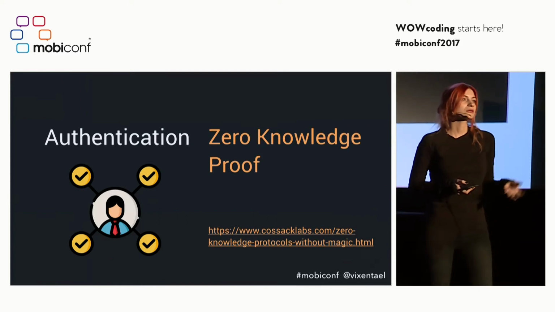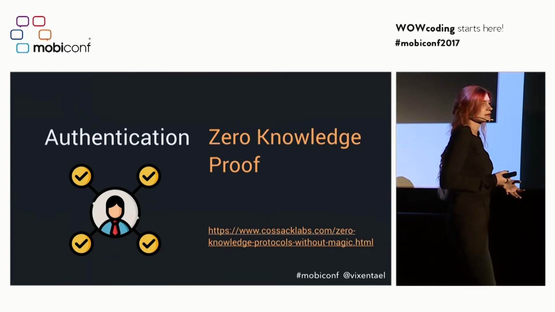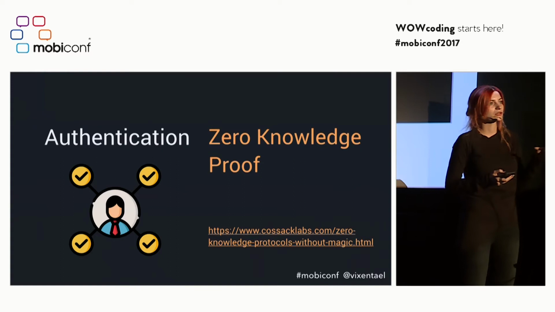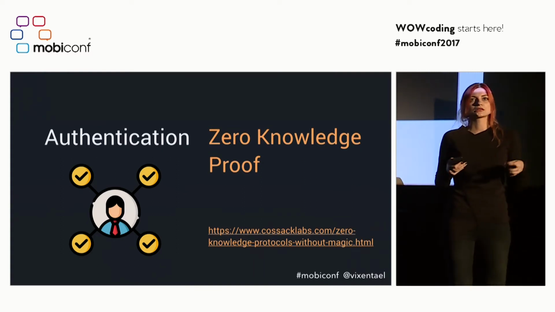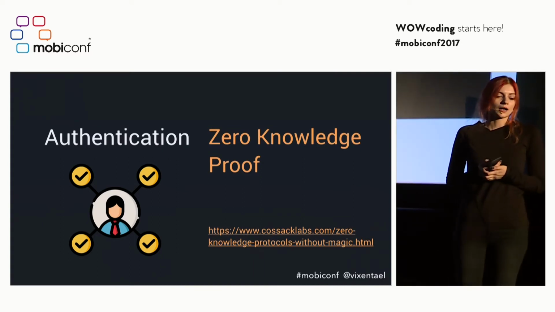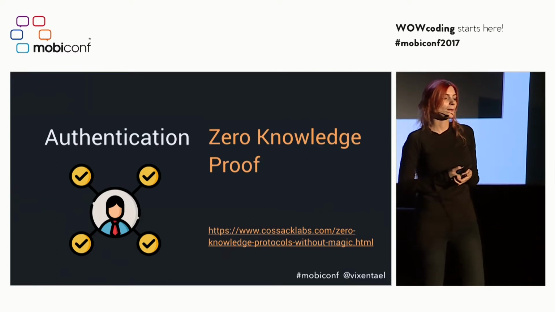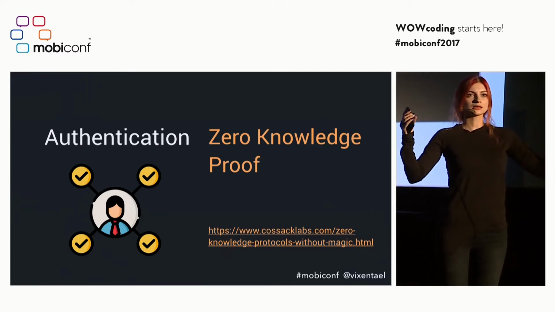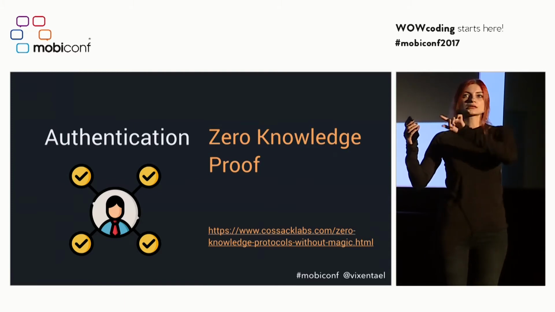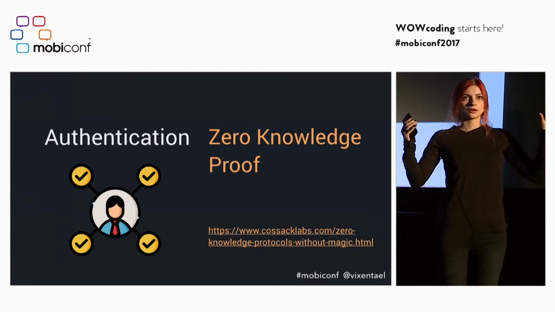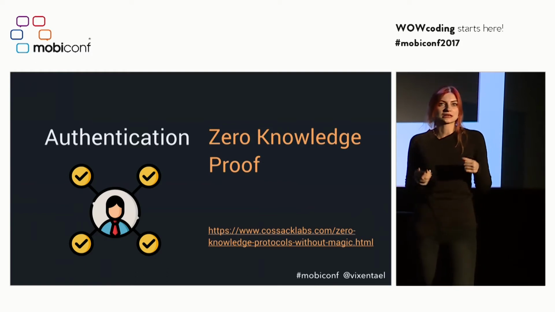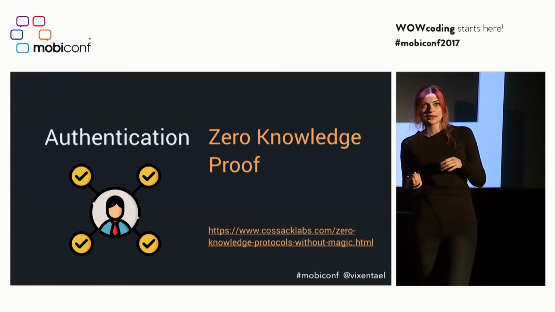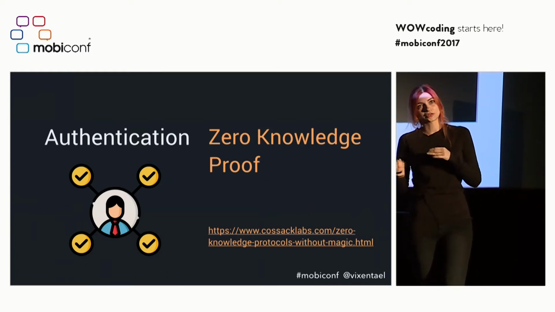Let's talk about authentication. In authentication, we have this nice and shiny interactive crypto algorithm known as zero-knowledge proof protocol. It helps you to compare a secret shared between two parties without transmitting this secret over the network. If you don't transmit a secret over the network, it cannot be leaked during transmission.